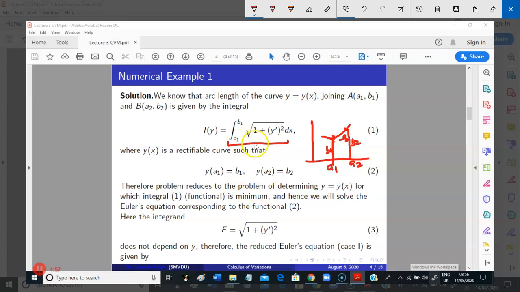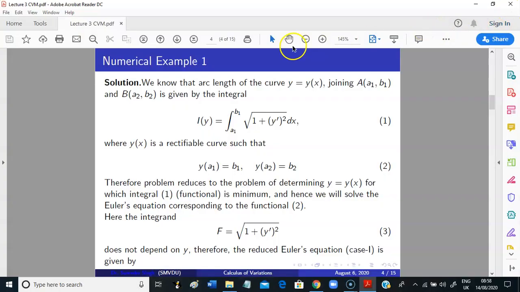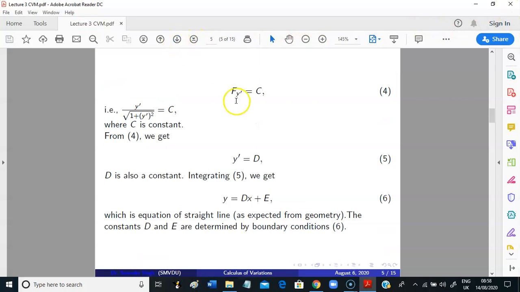In this case we have f equal to this, and you can see that y is not appearing explicitly, or you can say f does not depend on y. Therefore the Euler equation reduces to case 1, which you already know.